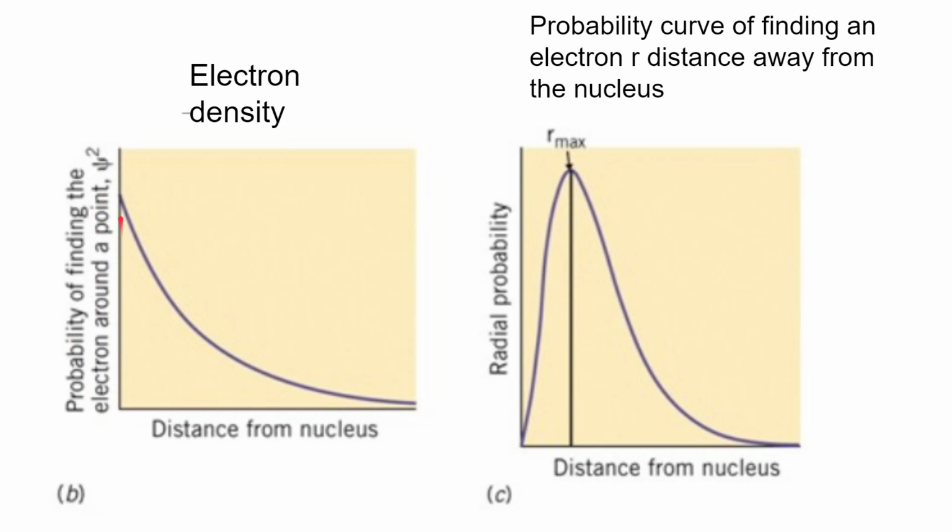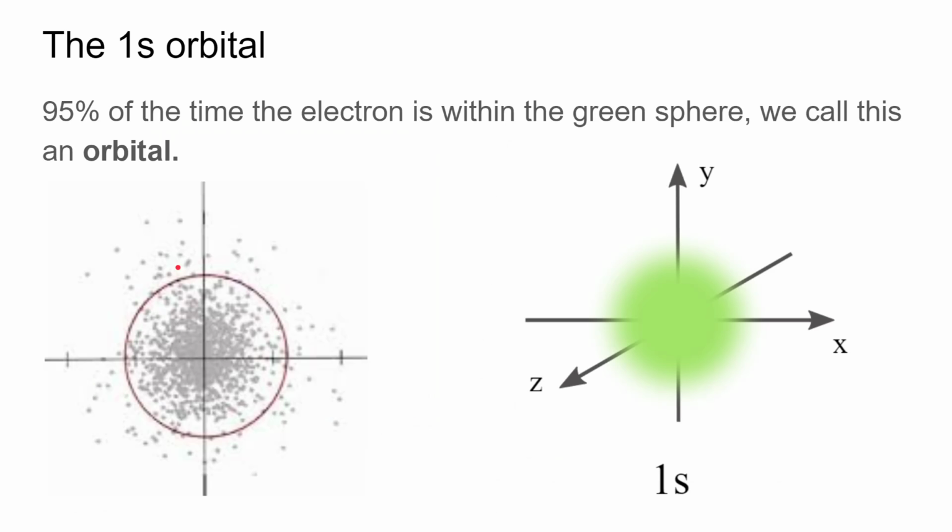So as we get closer to the nucleus, the probability of finding the electron there is higher, and it falls off over distance. So as we get very far away from the nucleus, it is very unlikely for us to find an electron there. Okay? It's just electron density, represented by this plot. Lots of points close to the nucleus, few points further away.